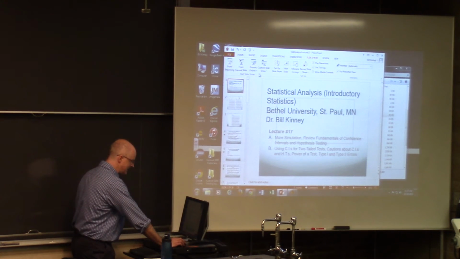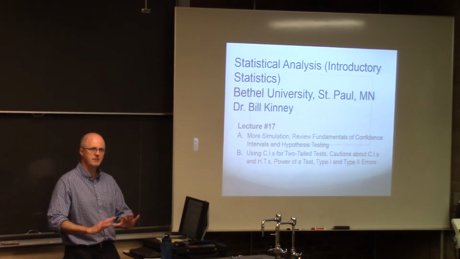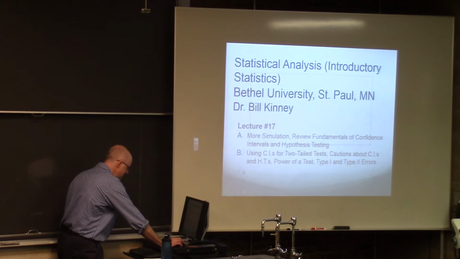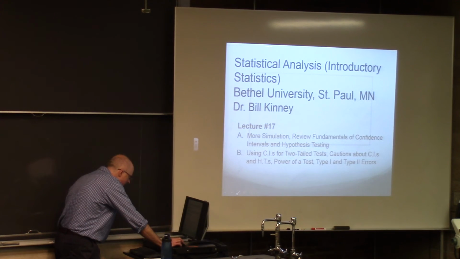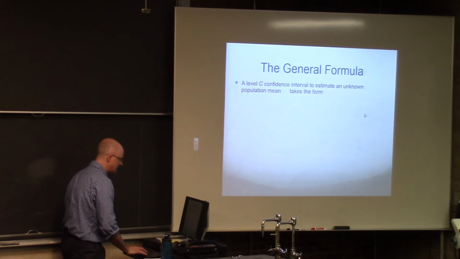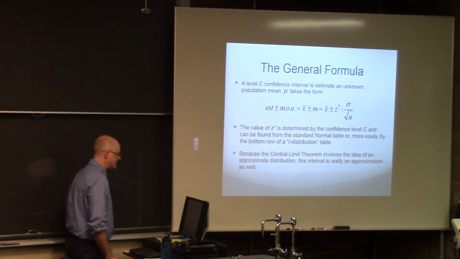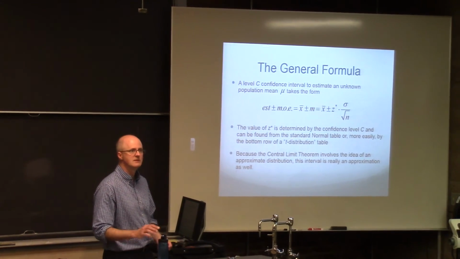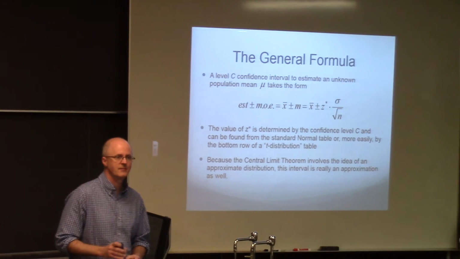All right, in the time we have remaining before the quiz, let's review the basics about confidence intervals and hypothesis testing. First of all, here's the general formula for a level C confidence interval to estimate a population mean.